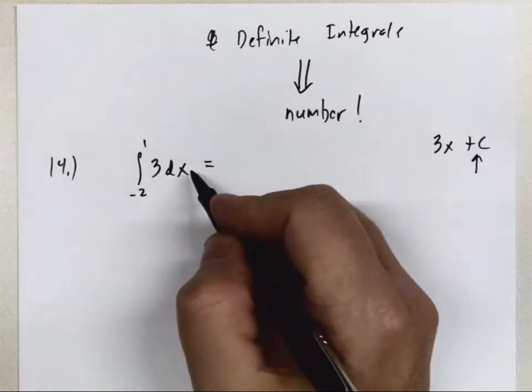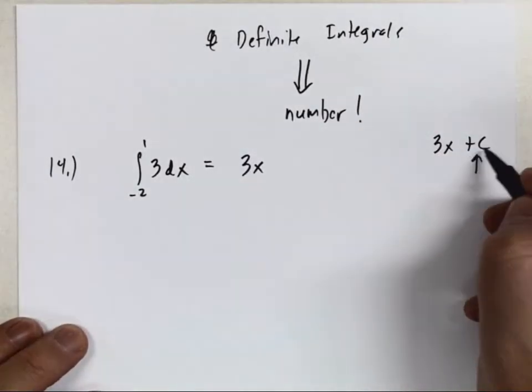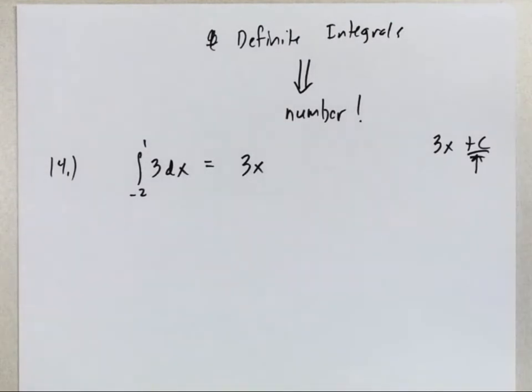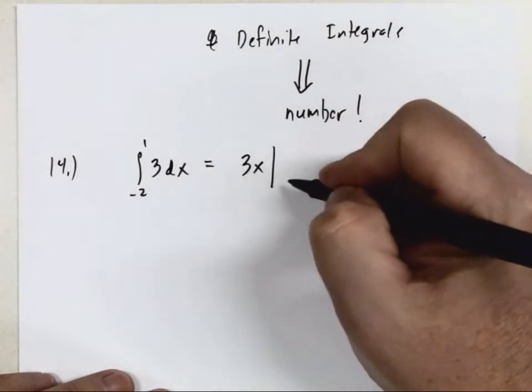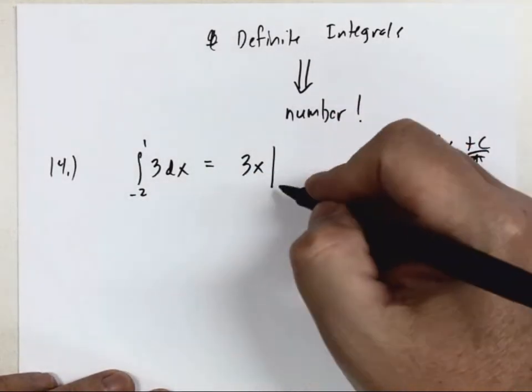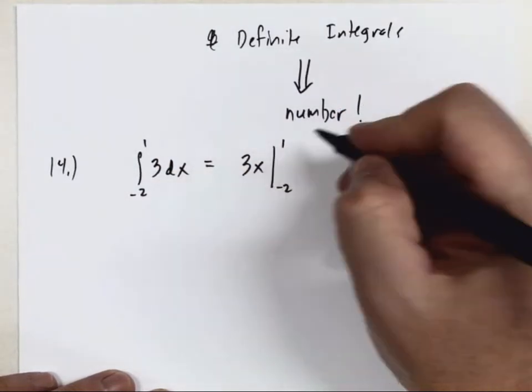So the integral of 3 dx is 3x. But instead of writing the plus c, the integration constant, what I like to do is you draw a vertical line, and this low number here I put at the bottom, and this number I put at the top.